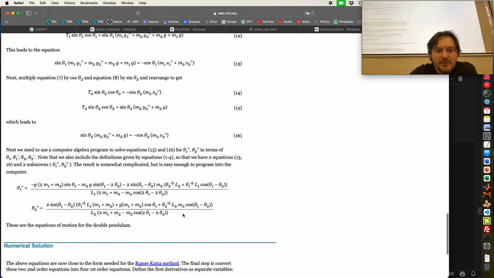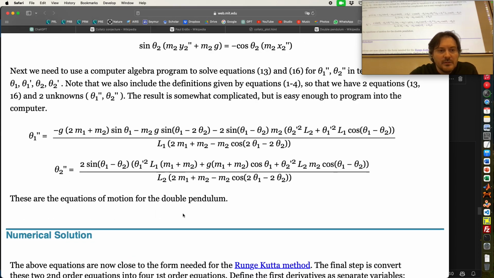And in the end, they get this equation. Do you see it? So the acceleration of the first angle depends on the first angle, the second angle, the velocity of the first angle, and the velocity of the second angle. Okay? And it's not at all an easy equation.